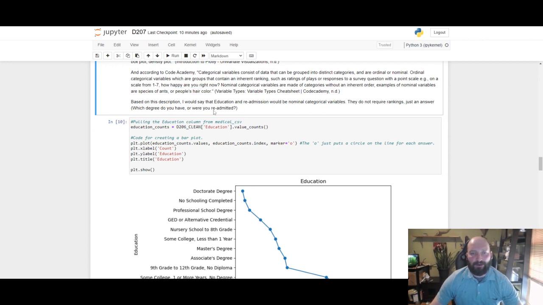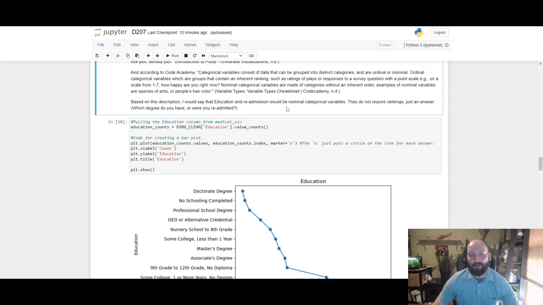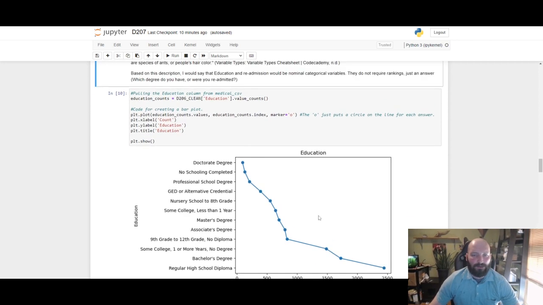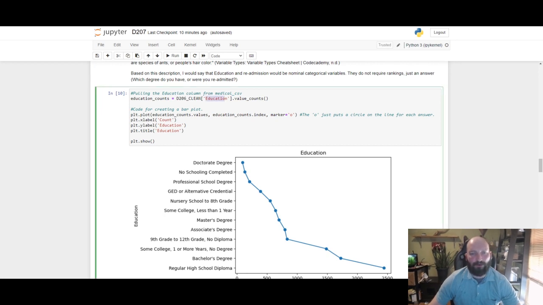And so based on the description, I would say education and readmission would both be nominal categorical variables. They do not require rankings. And so this is plotting it out. So pulling the education column from the, that is actually supposed to be, I had my clean data set from D206, and then my code just for creating it.